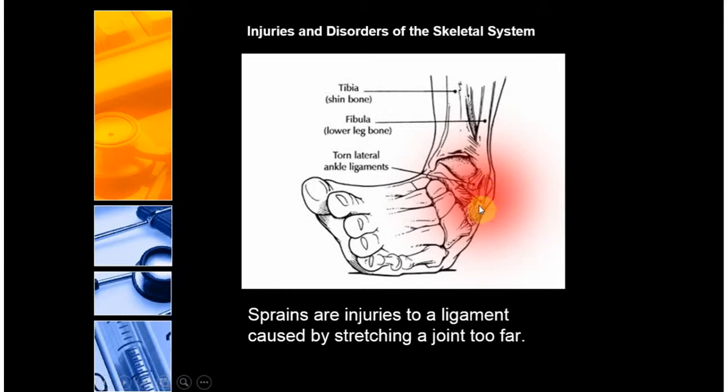Now, when this ligament is stretched a little bit too far, okay, this is what a sprain is. It's stretching a ligament a little bit too far. This is very painful. It causes your ankle to swell, and one of the best things to do as soon as you get a sprain is to put a pack of ice on that area to try and minimize the swelling that's going to occur.